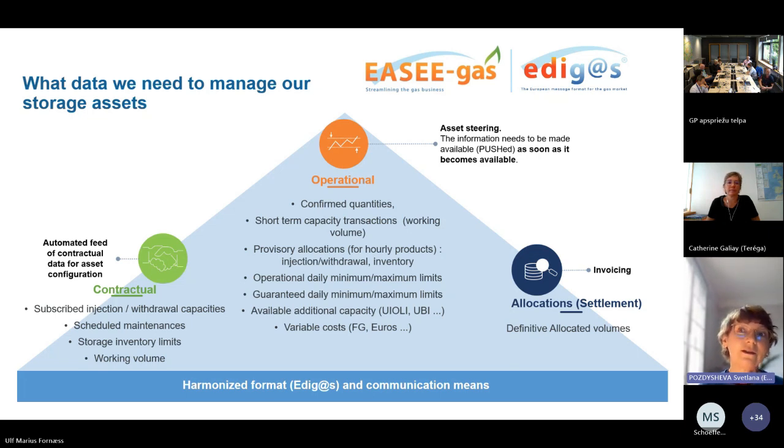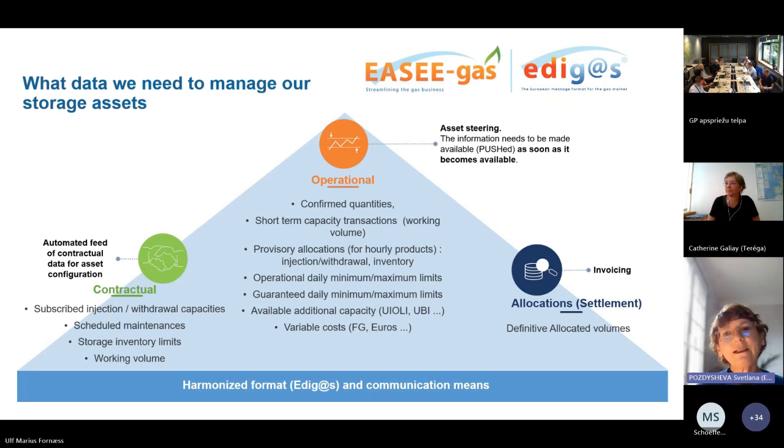So the time to market, in order to be able to steer or nominate the product, has to be shortened. To do this, we need to implement some automatization in order to introduce contractual constraints and data into our systems. For instance, capacities, eventual scheduled maintenances, inventory limits, working volumes, all basic data which allow us to use storage correctly. So I put it at the bottom, but it's a very important bit.